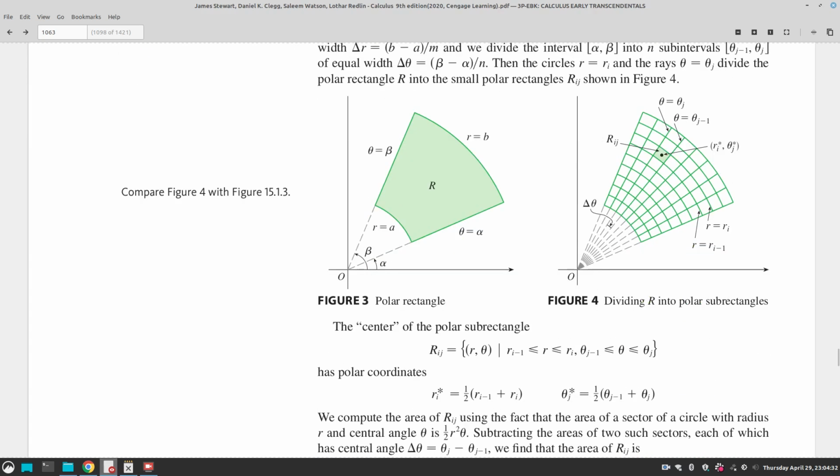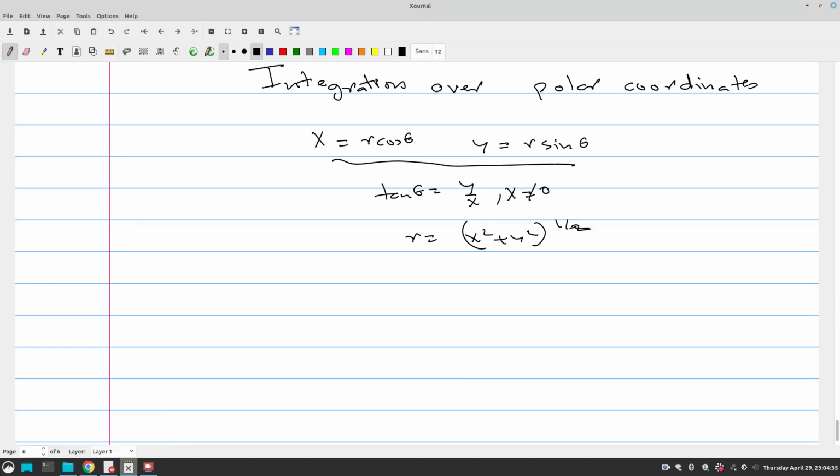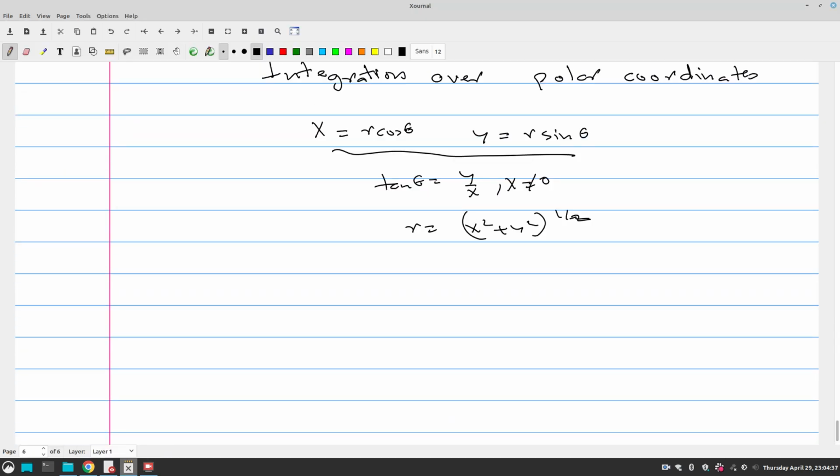Now the question is, let's say you have a region R, and you have a function f(x,y) dA, dx dy, or dy dx, whichever, by Fubini's theorem. Now for the same region R, instead of x and y, you're going to have r cos theta and r sin theta.